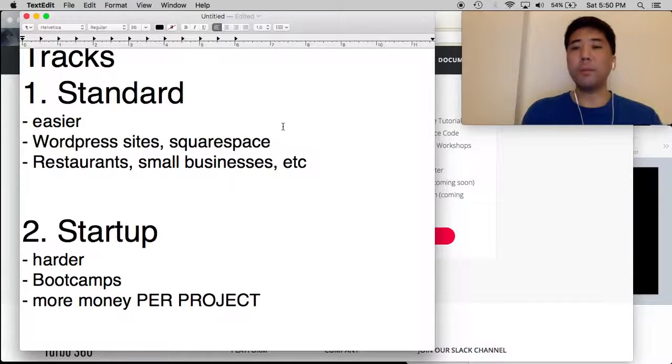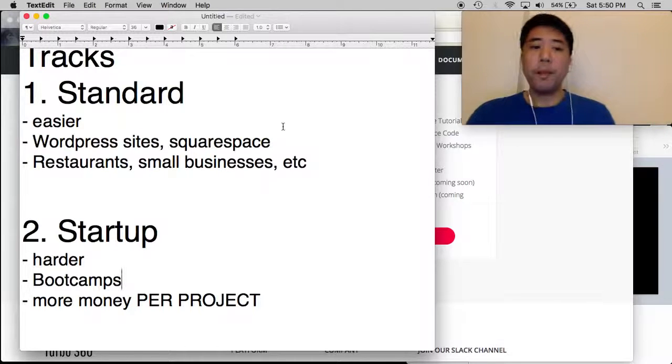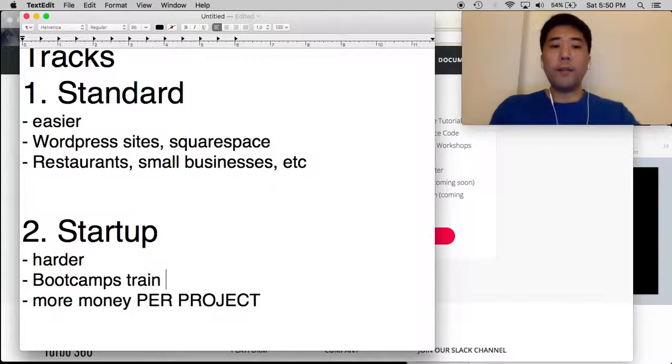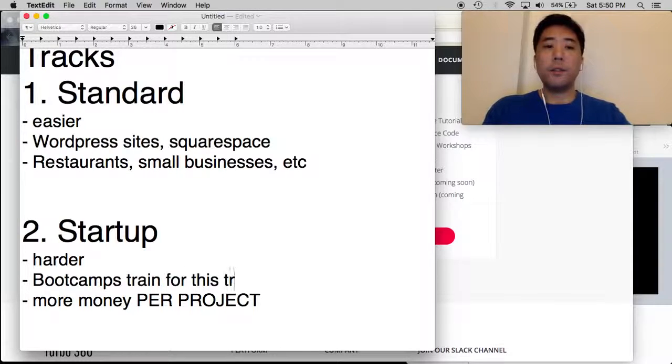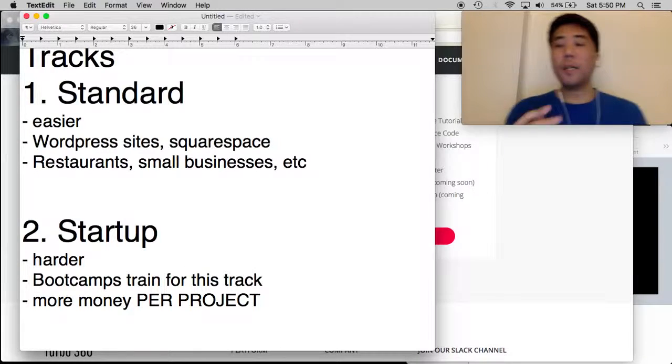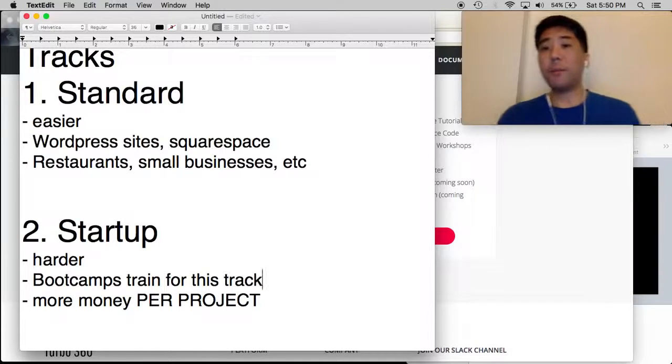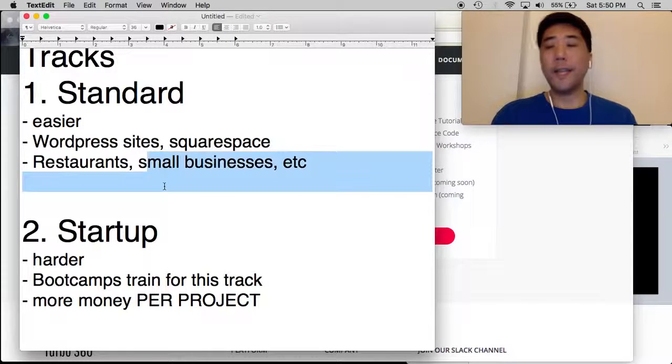Well, jQuery is in both, but MongoDB, stuff like that. And boot camps train for this track. Oftentimes what happens is you get a beginner developer who just finished a boot camp or did a lot of self-training with sort of a boot camp curriculum, and they'll apply those techniques to the standard track without really knowing it. They're conflating the two tracks, and this is not a good idea.